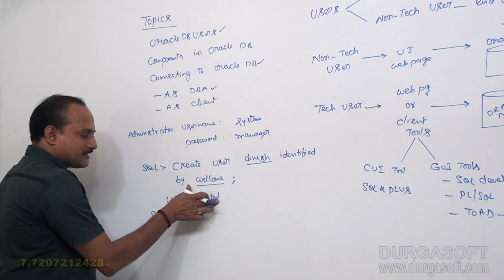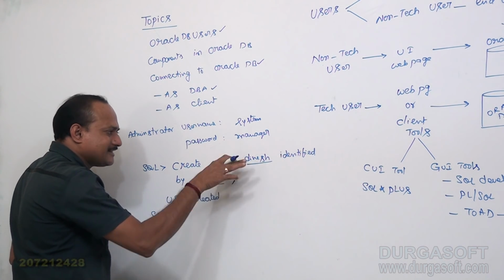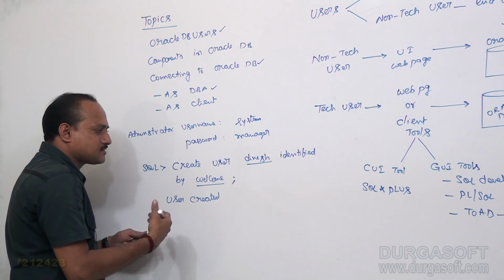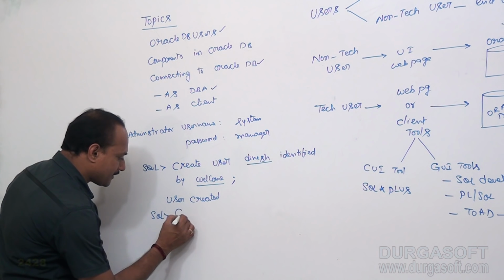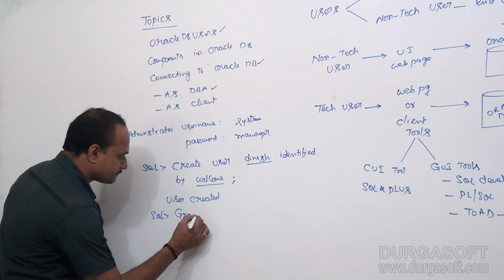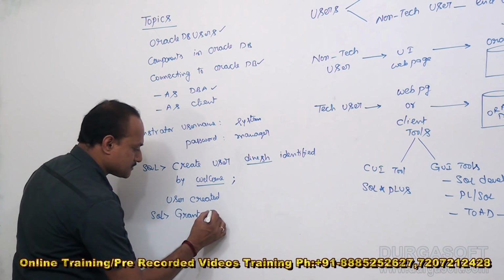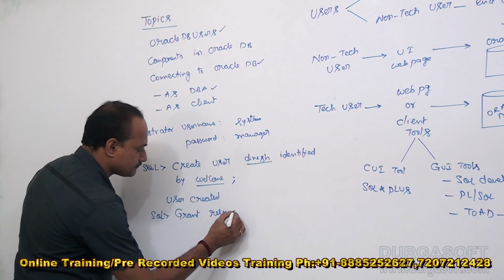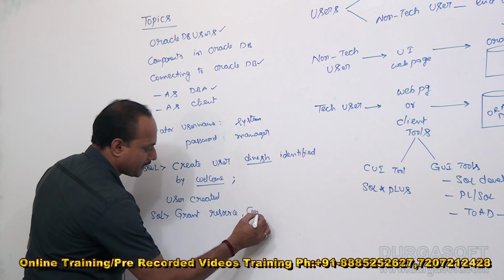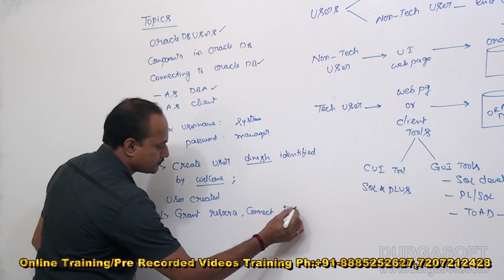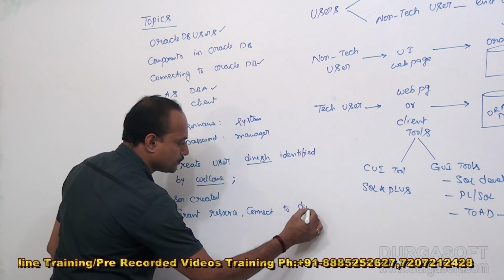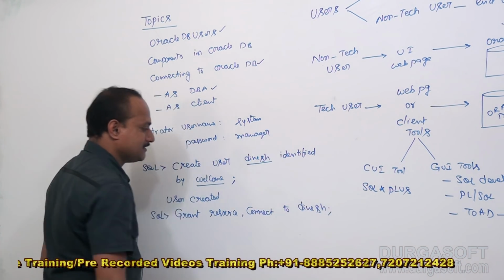Now at the SQL> prompt, for this user the admin has to grant some permissions. He has to allocate some permissions. Grant resource, connect to the user. To whom are you assigning these permissions? Dinesh.